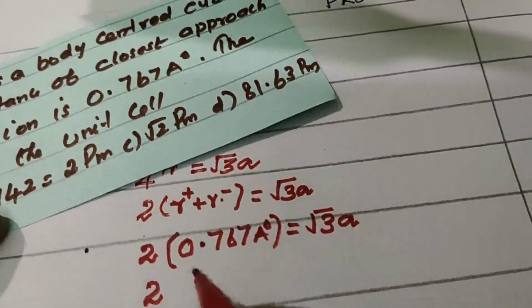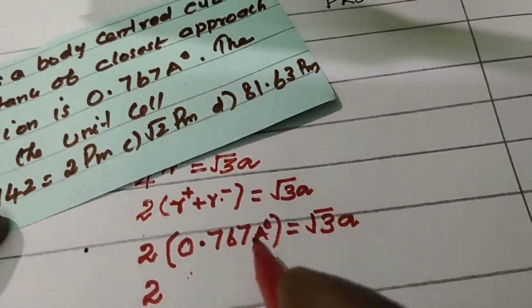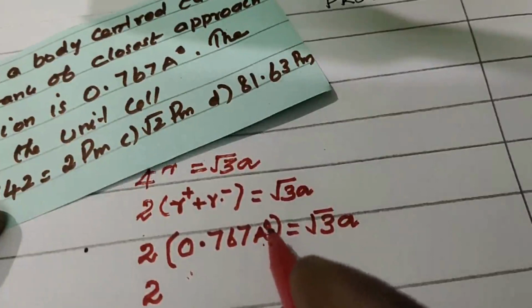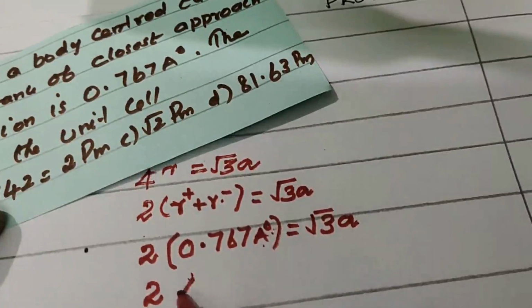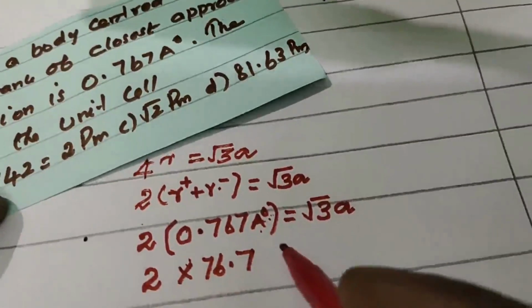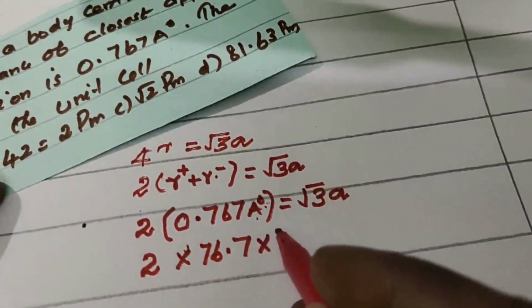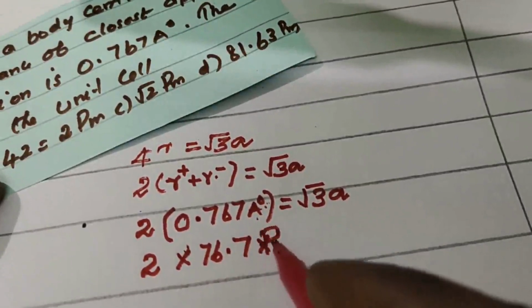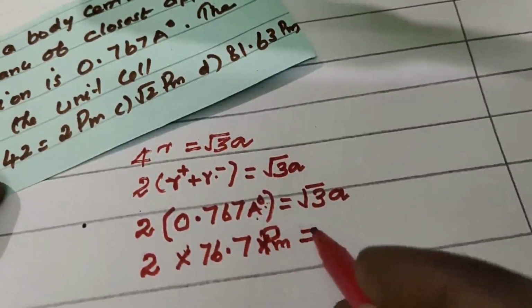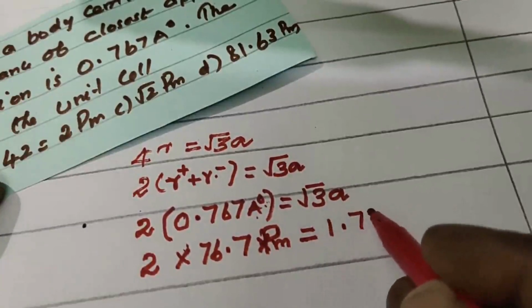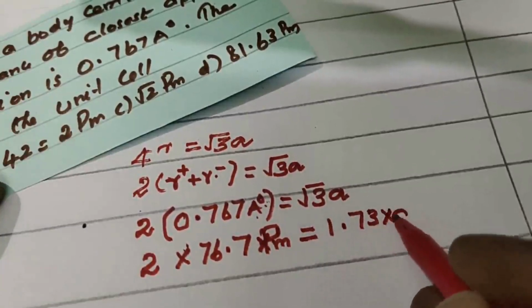Angstrom unit means 10 raised to minus 10 meter. Picometer means 10 raised to minus 12 meter. So 2 into 76.7 into 10 raised to minus 12, that is, it is converted automatically into picometer, equal to √3, 1.73 into a.